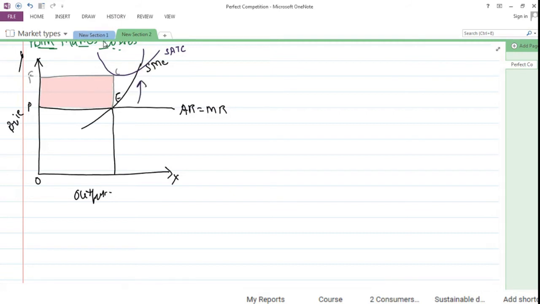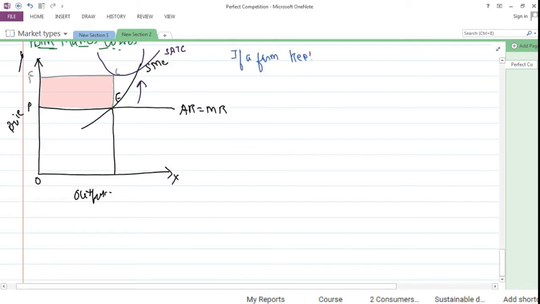Now due to this, what happens if a firm keeps on producing at this stage?